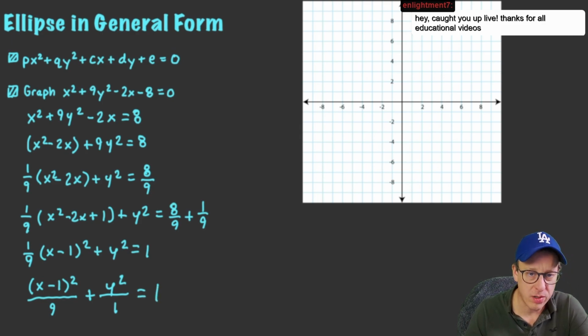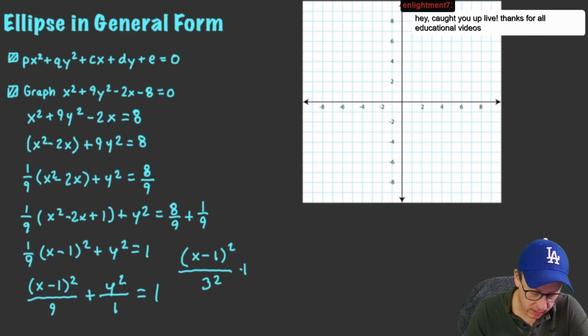And this, of course, can be rewritten in its standard form as x minus 1 squared over 3 squared plus y minus 0 squared. And it gives us all the data we need to be able to plot out our ellipse.